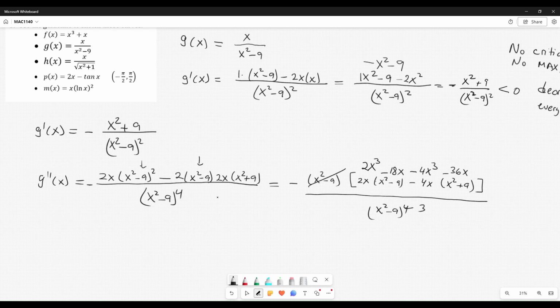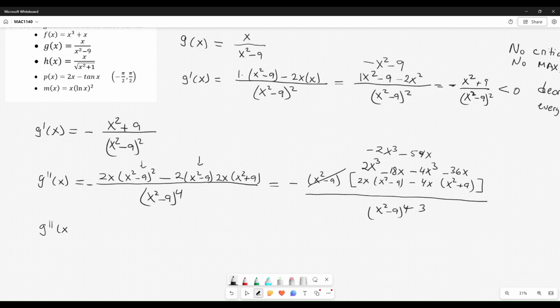It is negative 2x cubed, minus 54x. 36 and 18 together. Okay, so far, wow, too heavy.